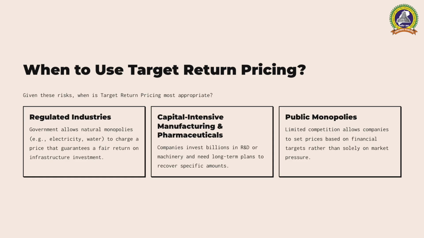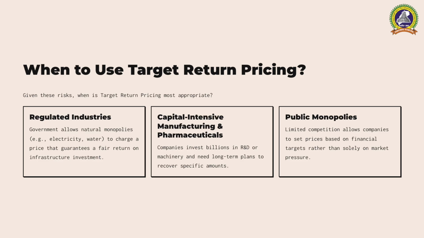Given these risks, when is target return pricing most appropriate? It is standard in regulated industries like electricity and water. The government often allows these natural monopolies to charge a price that guarantees a fair return on their infrastructure investment, but no more.